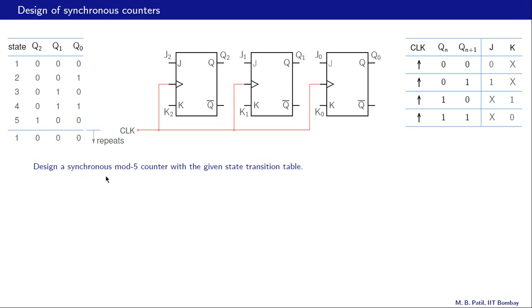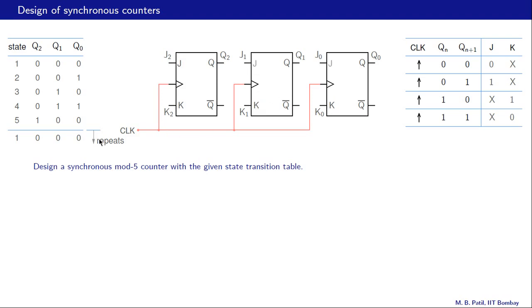Design a synchronous mod 5 counter with the given state transition table. What is the meaning of synchronous? That means the same clock is going to all flip-flops. We have 3 flip-flops here. Their outputs are Q2, Q1, Q0, and the corresponding inputs are J2, K2, J1, K1, and J0, K0.